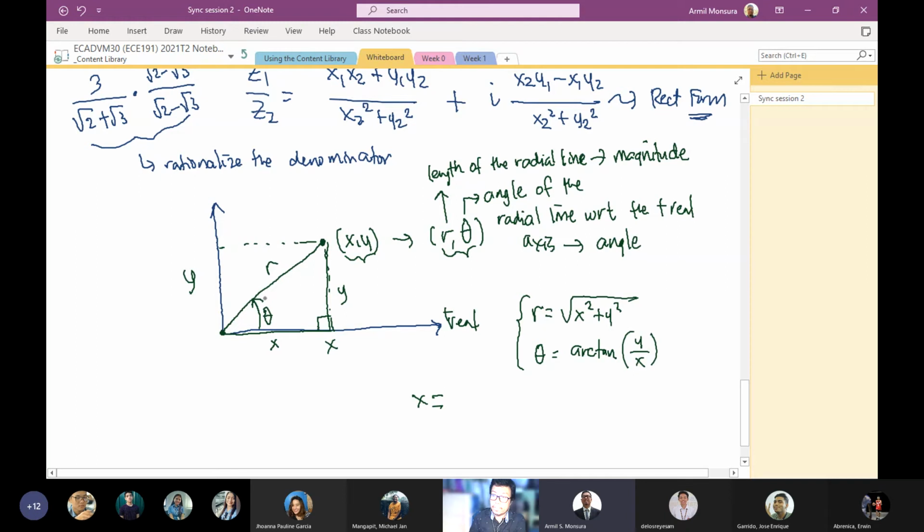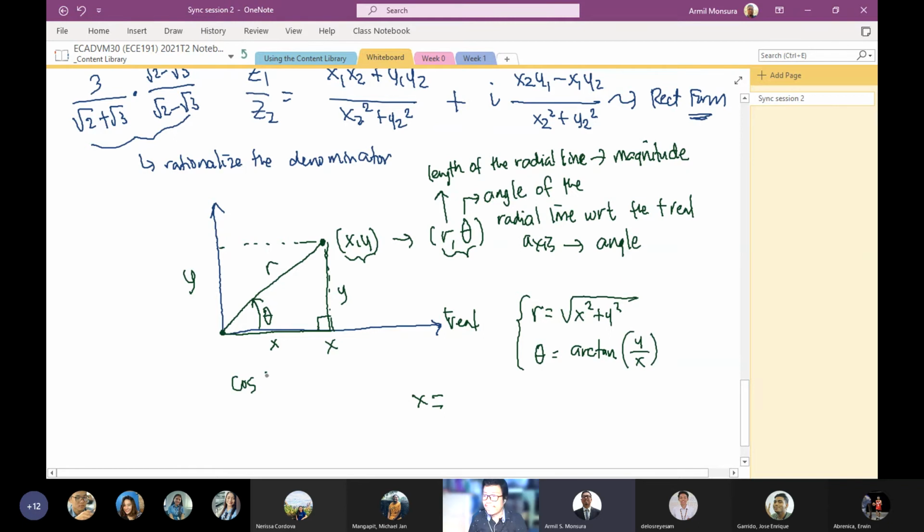What is the relationship between r, theta, and saka x? Sa cosine function po, sir. So we have cosine of theta. X is equal to r cosine theta po.